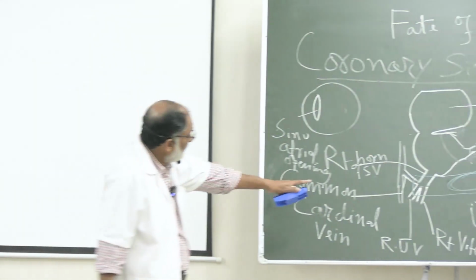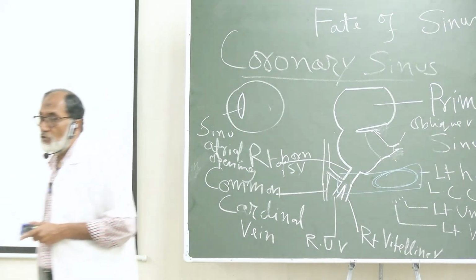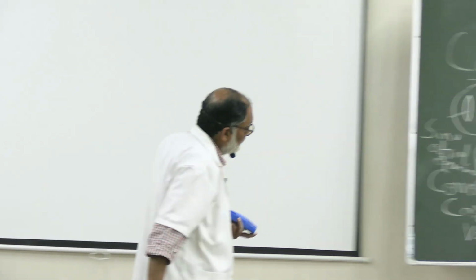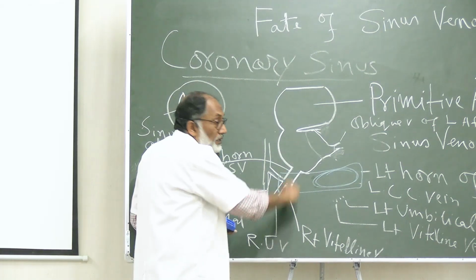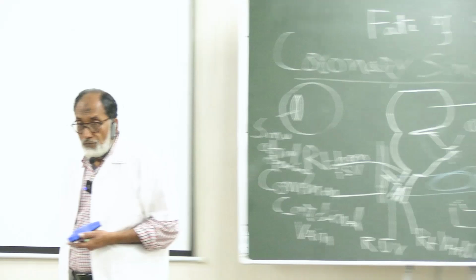So what remains? Right vitelline vein and right common cardinal vein. The right vitelline vein, the suprahepatic part will form the terminal part of the inferior vena cava.